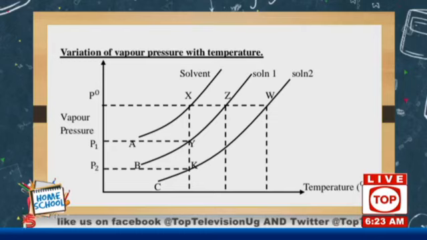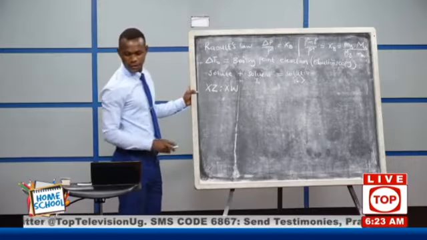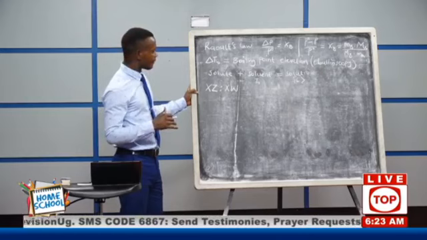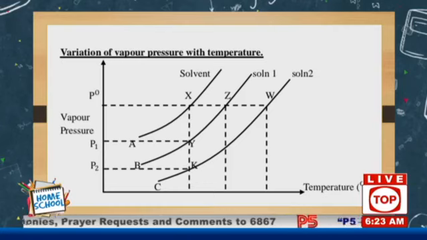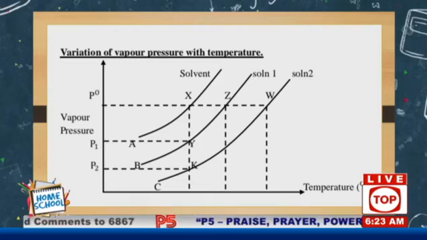I mean this one. XZ, that ratio to XW, from that curve, XZ to XW will be equal to XY to XK. Okay, you look at that very well, so you can come back to the blackboard.